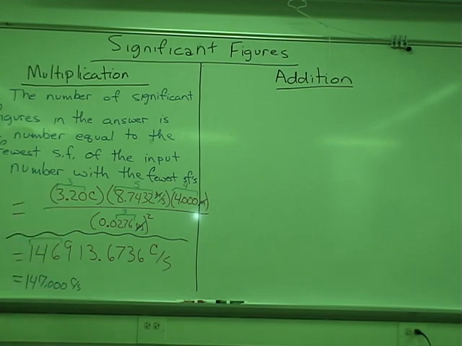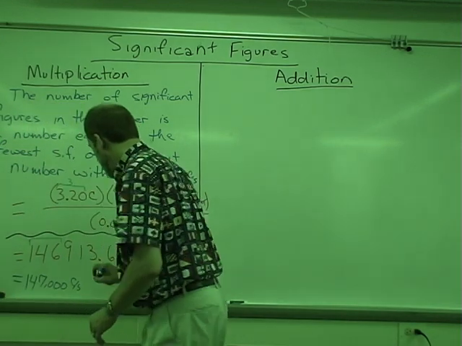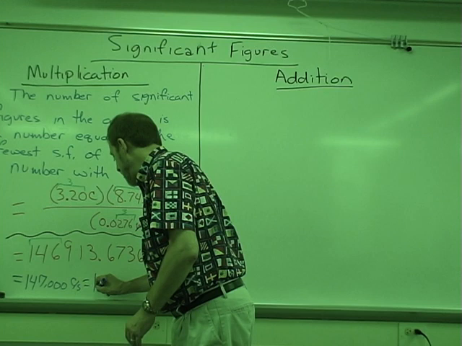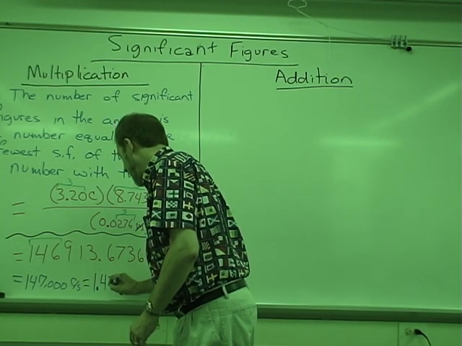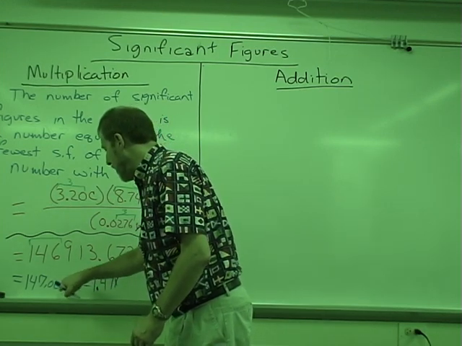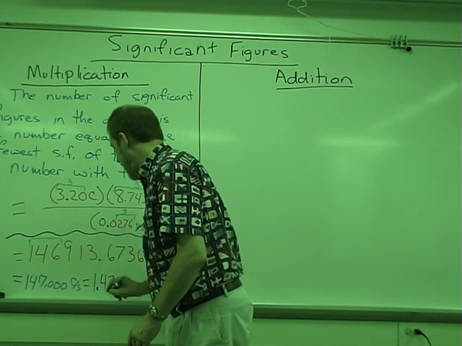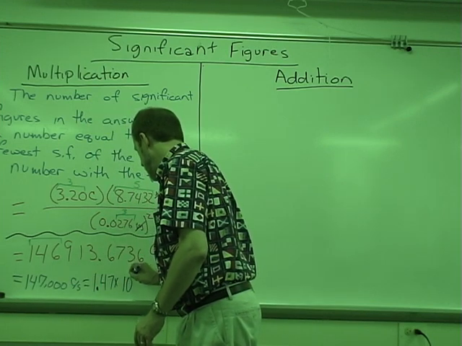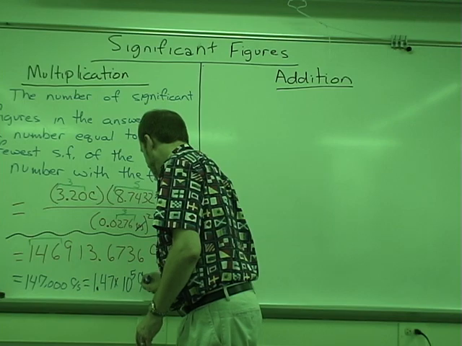So, we can write this in scientific notation, 1.47 times 10 to the 5th coulombs per second.